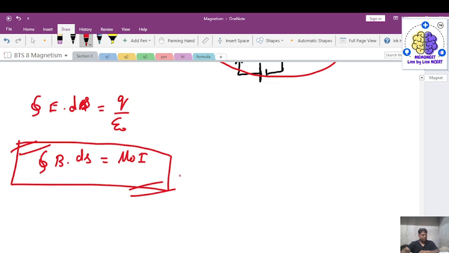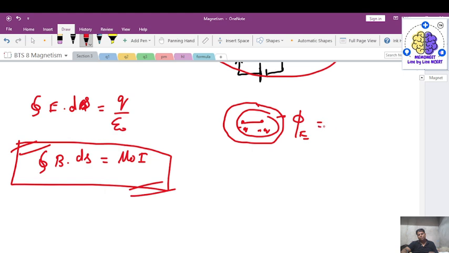For a dipole in an electric field, we saw that if this is the Gaussian surface and we have a dipole in it, minus q and plus q, the net charge enclosed is equal to 0. So the electric flux passing through the surface was also equal to 0; Phi E was equal to 0.